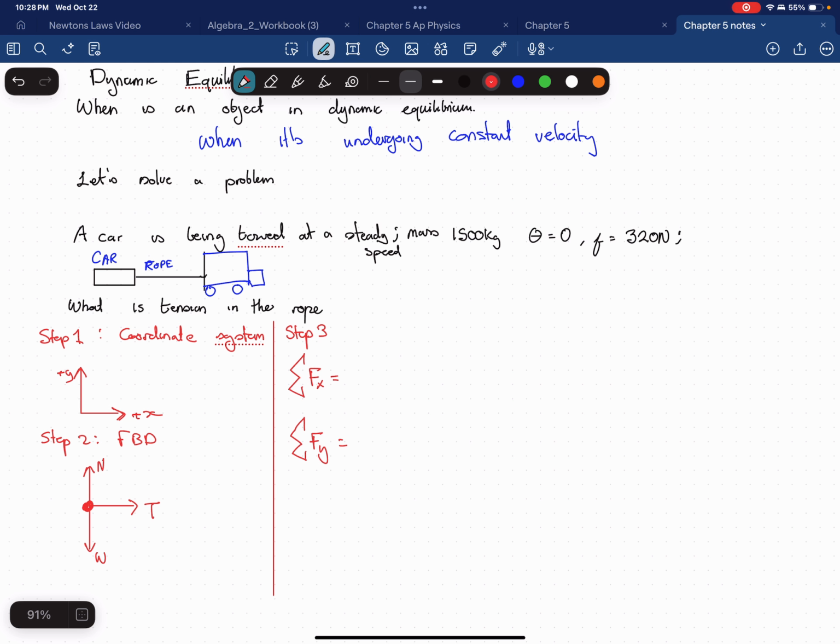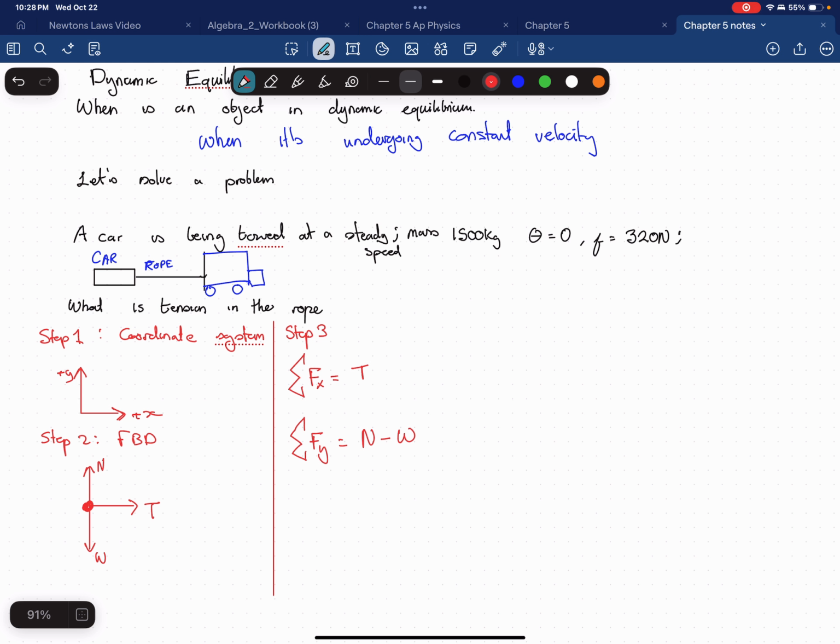What are the forces in the x direction? We have the tension. And what are the forces in the y direction? We have the normal force and the weight. Normal force pointing up in the positive y, and the weight is pointing down.